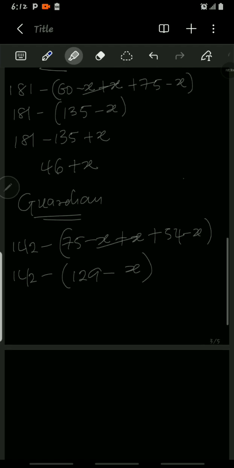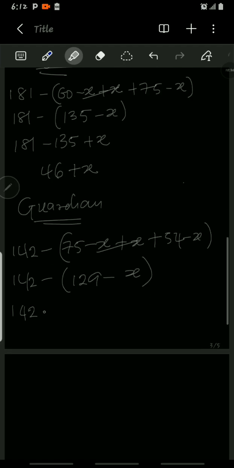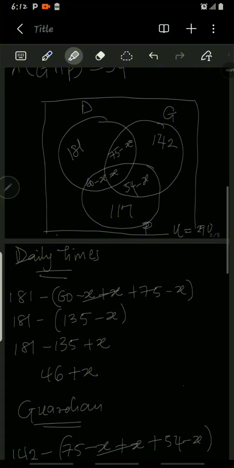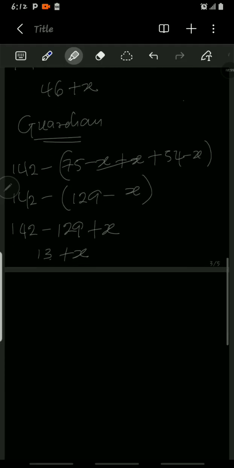So when I expand the bracket here, I have 142 minus 129 then plus X. So basically, when I subtract 142 minus 129, I have 13 plus X. It means that after I've subtracted all of this, the remaining part of what is left here is not 142, it is 13 plus X.